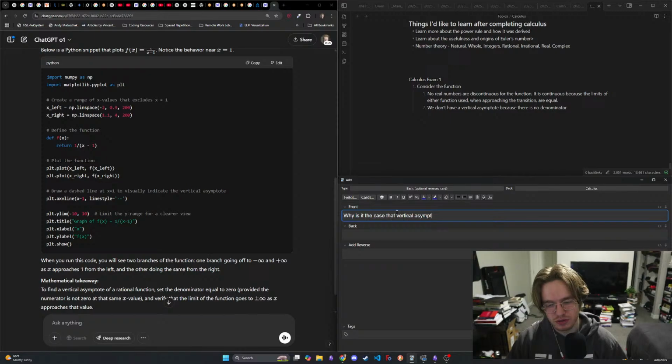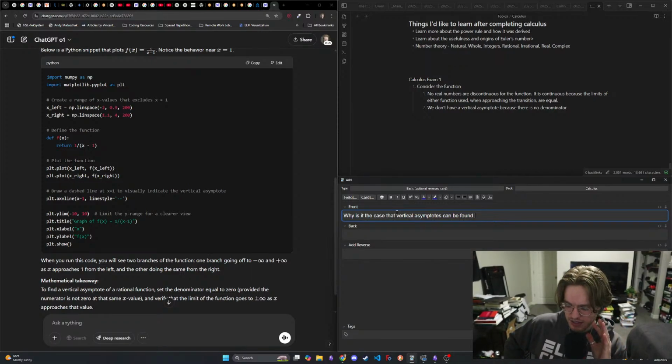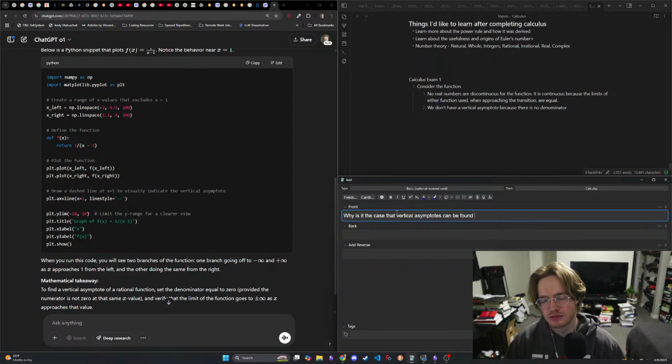Vertical asymptotes can be found through a sort of observation of denominator and numerator.